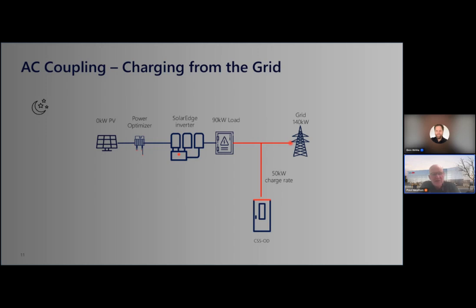So this will be a nighttime scenario you might consider, where there's still a 90 kilowatt load. Obviously, there's no PV being produced, but what you've done is you're going to take the power that you stored during the day, in this case, the 50 kilowatts, the maximum discharge rate you can get from the system, to make up and add to the 90 kilowatts taken from the grid.